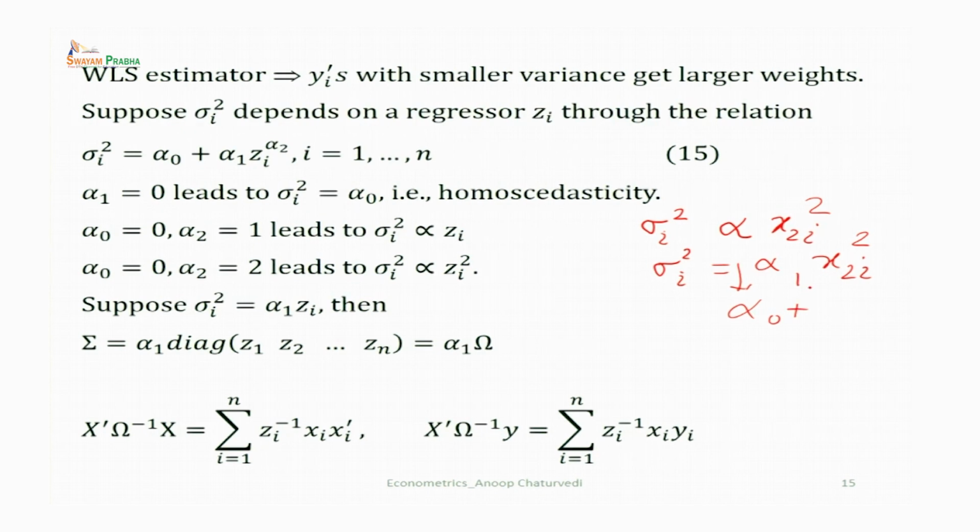So, at least even for alpha_1 equal to 0, you get this much of variance or this much of heteroscedasticity.